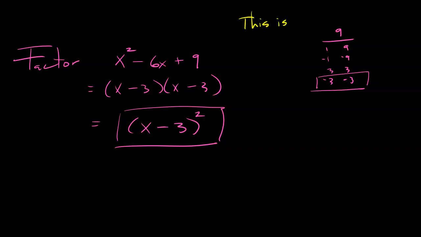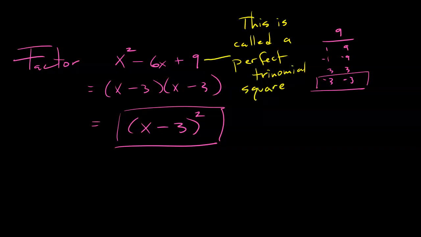This is called a perfect trinomial square. This problem is called a perfect trinomial square because its answer is squared.